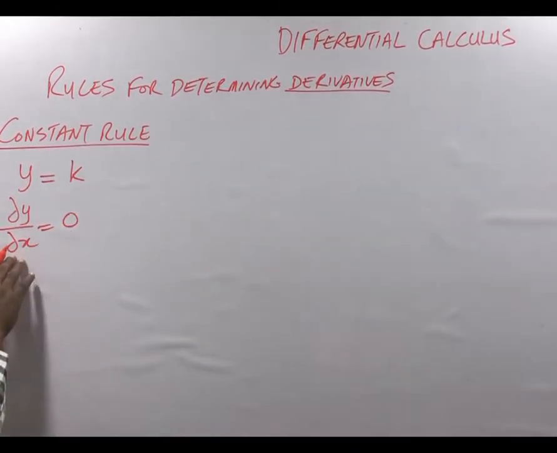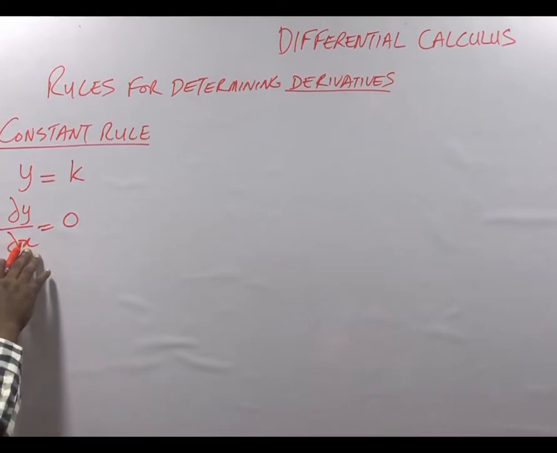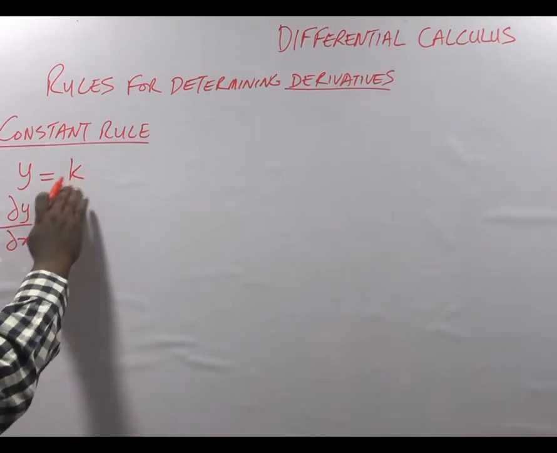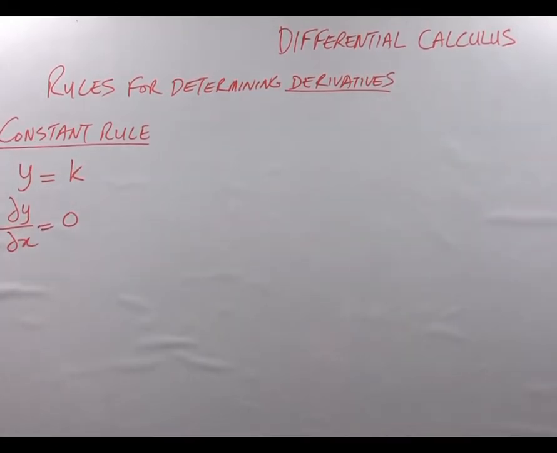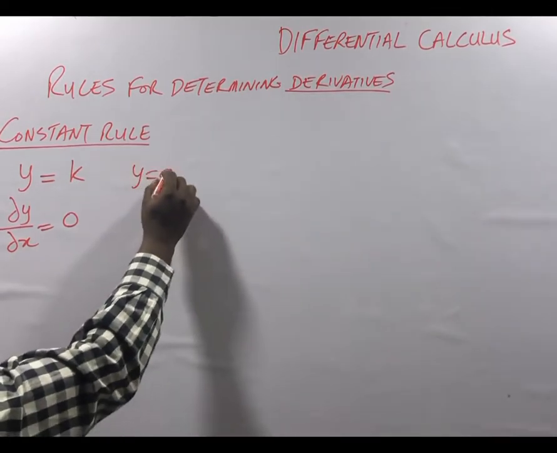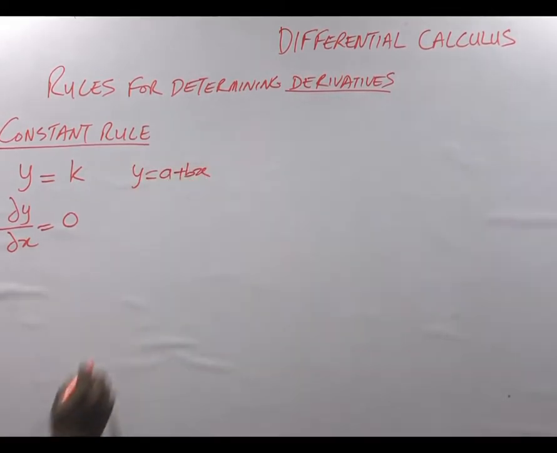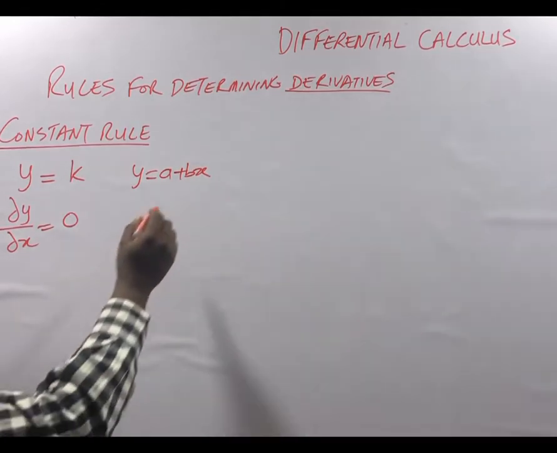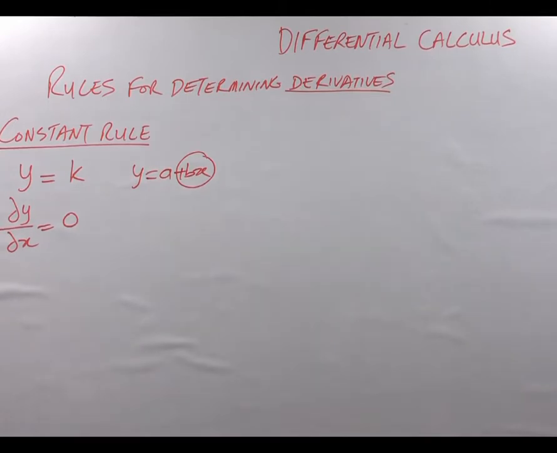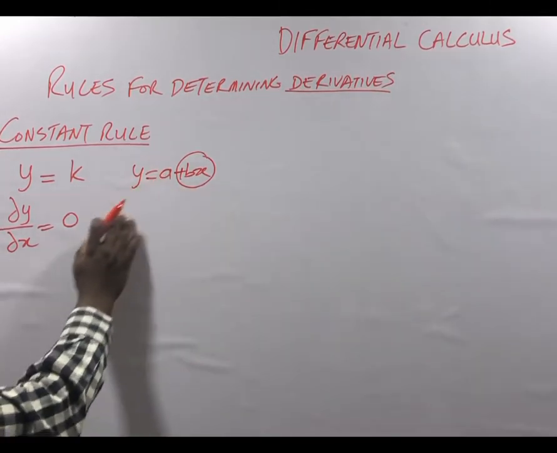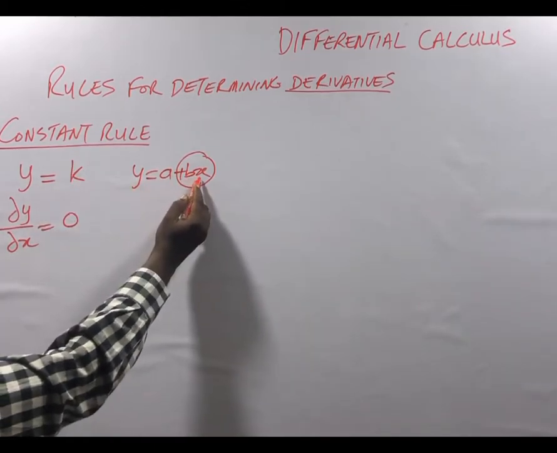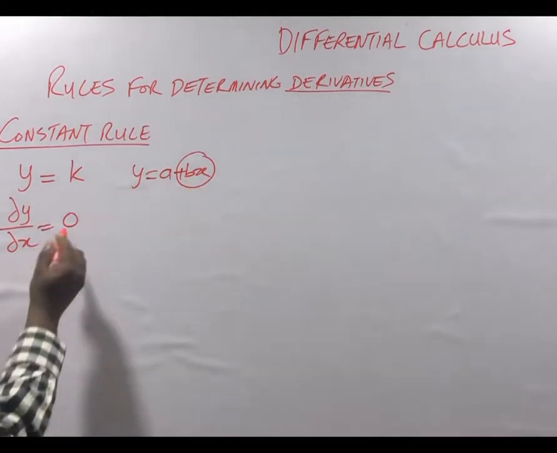This is because there is no independent variable in the function. Now, in a typical function, you have y is equal to a plus bx. But in this case, you do not have any x. This part of your function is not there. So since there is no change here, motivated by the coefficient of x, it becomes 0.